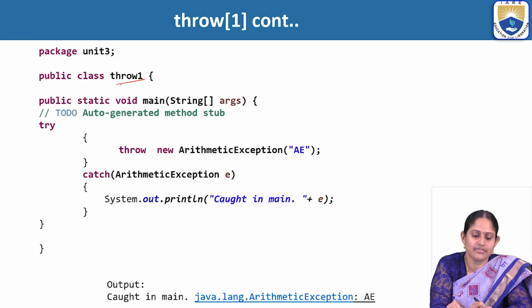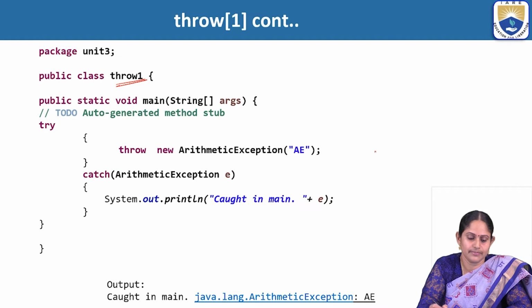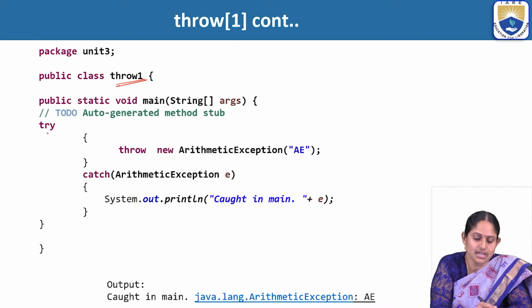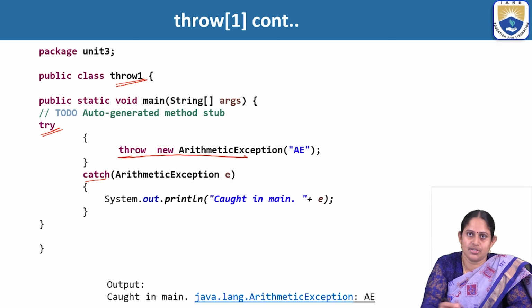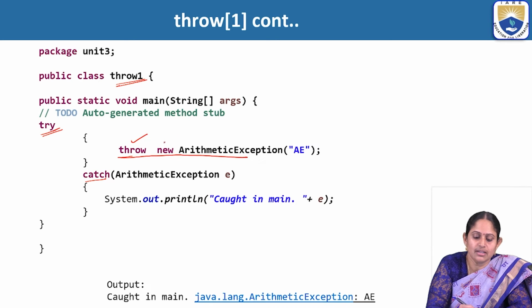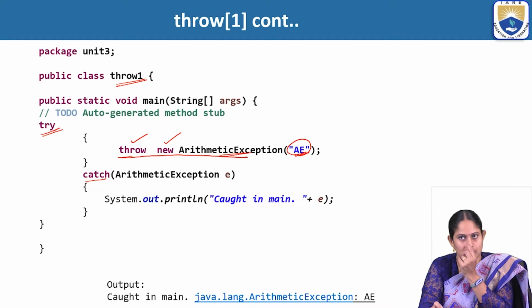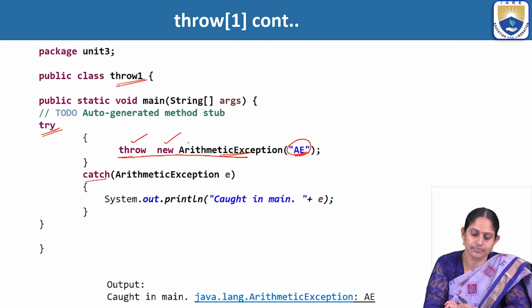Here we have the class Throw1, inside which we have a try-catch block. Inside the try block, we are throwing an arithmetic exception. So this is the throw keyword, new keyword, the ArithmeticException class, and the error message. We may skip this message also; it's not compulsory that we should give it.